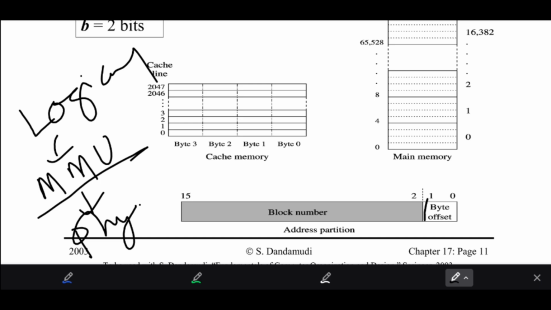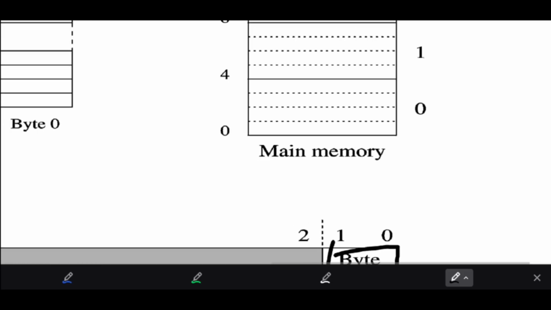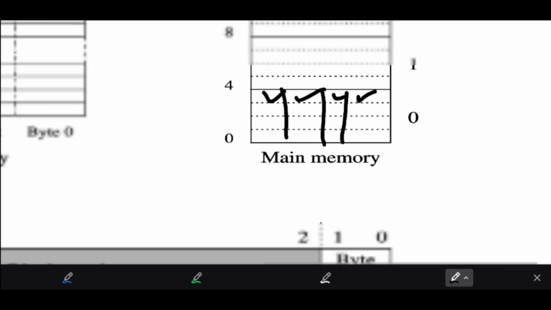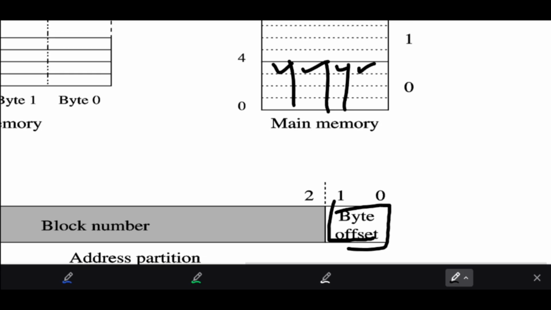Then what is the byte offset? Byte offset means the word inside the memory block. I have discussed that we have broken the block into four parts, which are actually words. The byte offset tells the particular word in this section or this section.